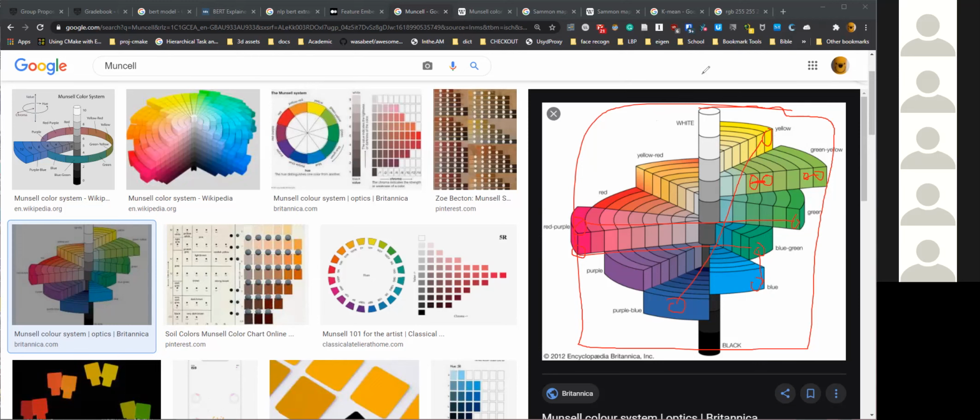So this is what the professor meant by every point in the space having equal distance by perception. Perception as in how we look at the color, by using our eyes to look at things.